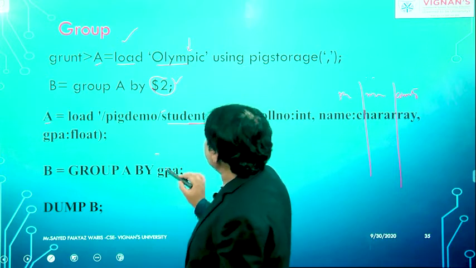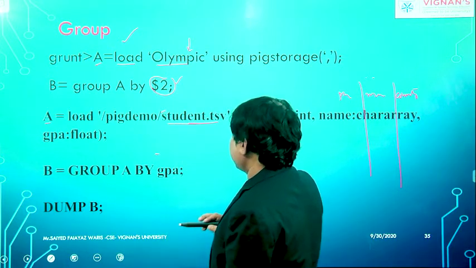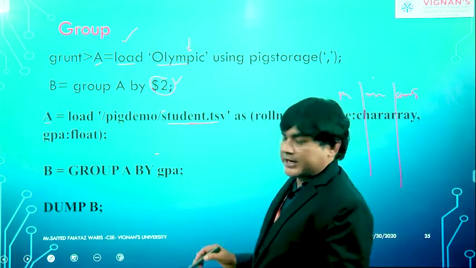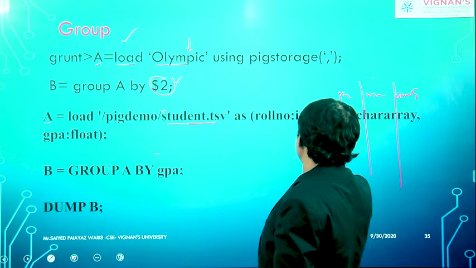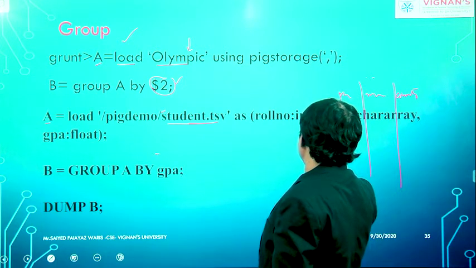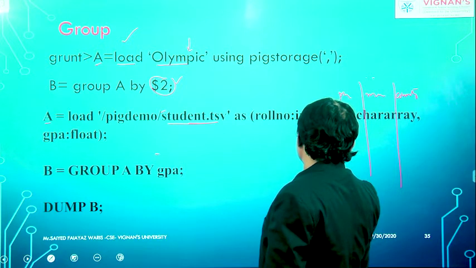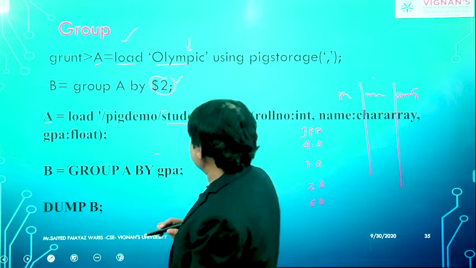Now group A by GPA. What is group A by GPA? Suppose we have GPAs in a table: 4.0, 3.0, 2.0, 5.0.